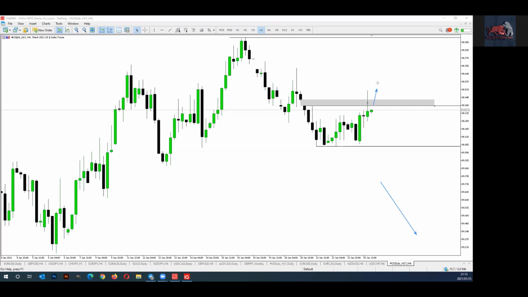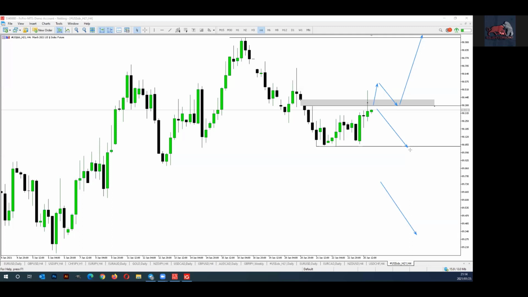If price trades and closes above here, you wait for the retest to take it all the way to the upside. But as long as price is trading below this imbalance, you can probably anticipate further drops to the downside. There's no need for you to be hunting for longs.